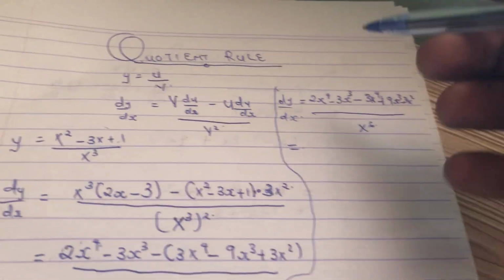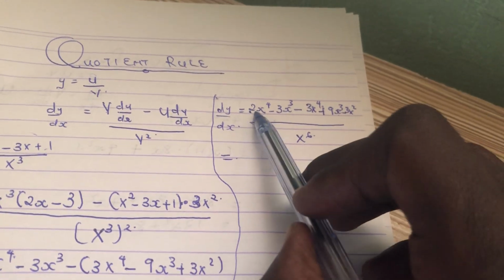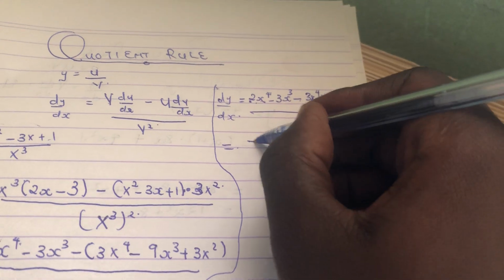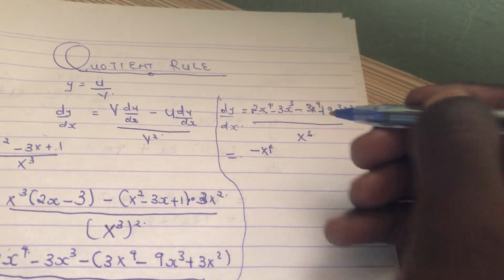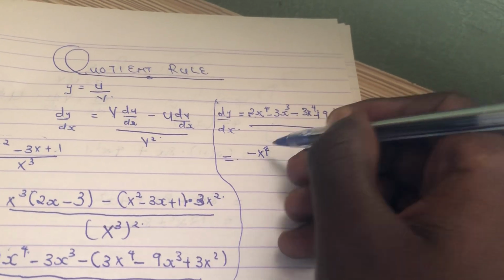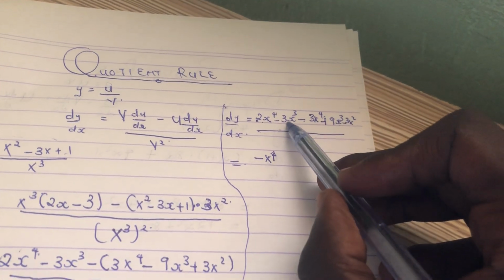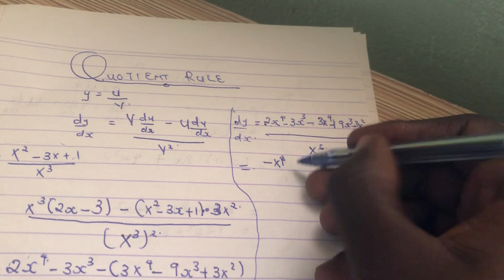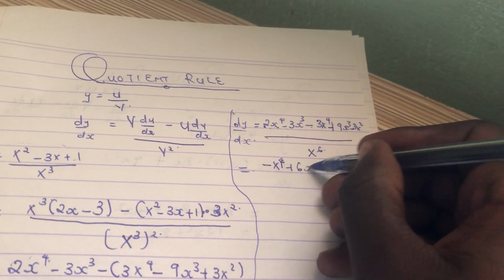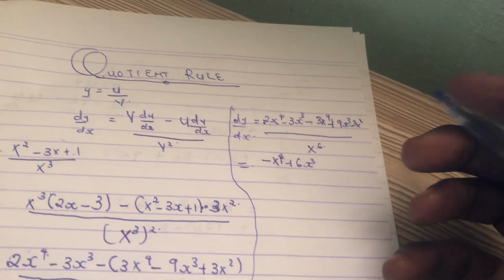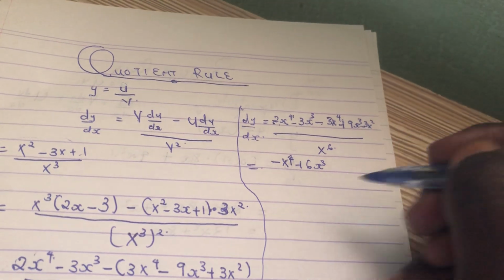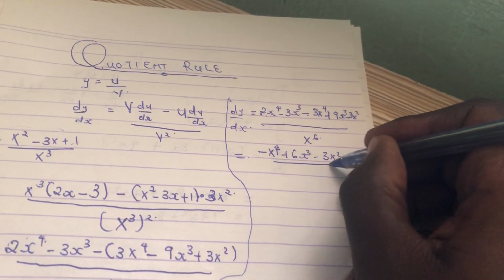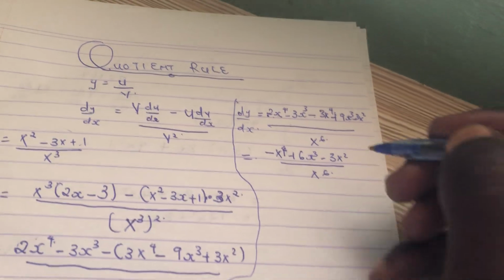So we try now to simplify here. 2x to the power 4 minus 3x to the power 4 actually gives us negative x to the power 4. Are we together? And when we continue, negative 3x cubed plus 9x cubed gives us plus 6x cubed, and then lastly we remain with minus 3x squared over x to the power 6.